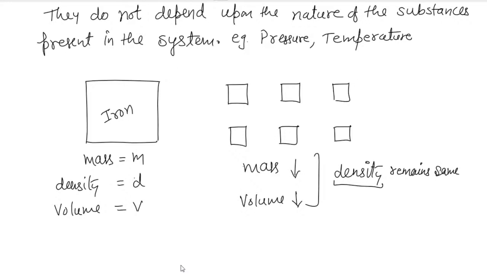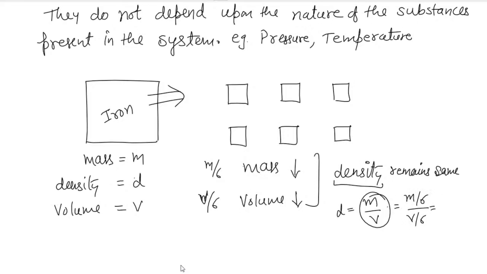Got it? Because density is mass over volume. Because they are divided into equal 6 halves, then it is m by 6 mass of each. Volume is v by 6, so it remains m by v. So density remains same.